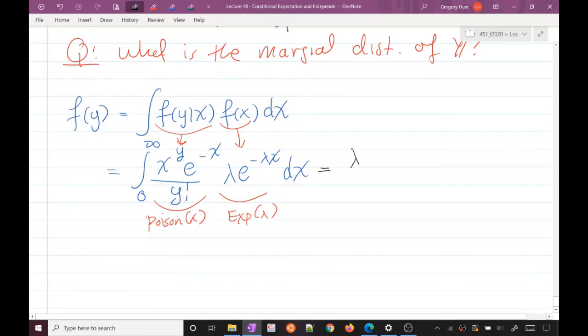We can factor out a lambda, that doesn't depend on x. We can factor out the y factorial, that doesn't depend on x. And we're left with the integral from 0 to infinity of x to the y, e to the negative, let's group things together here.